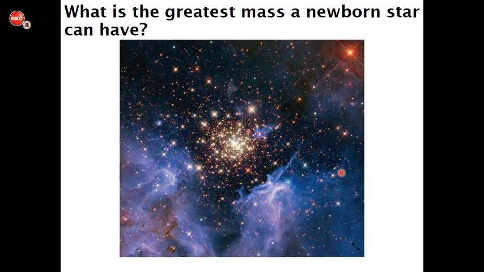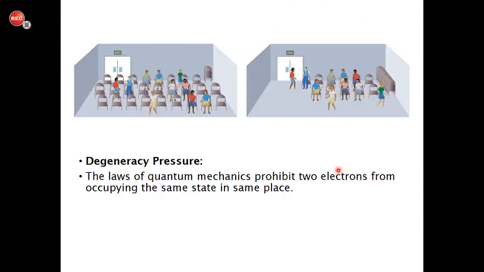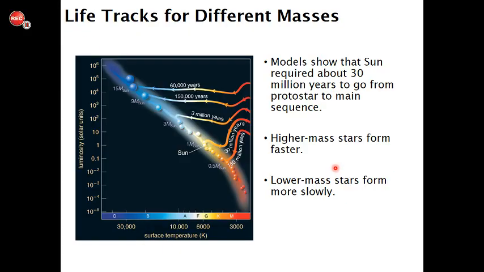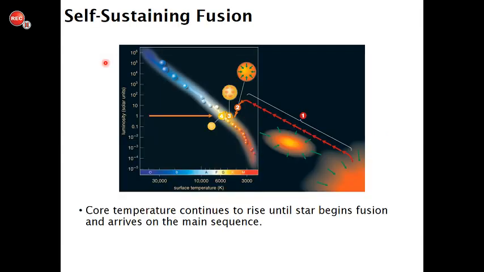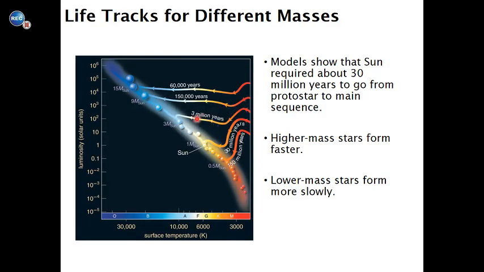So what's the greatest mass that a star can have? So going back a bit to this chart, we said that there was a limit of about 150 solar masses, and what's going on in these stars is as the star forms, the more massive stars are contracting faster, have a higher gravitational force, and that means they get a higher thermal energy, and that has to be radiated away faster, and the whole process speeds up.